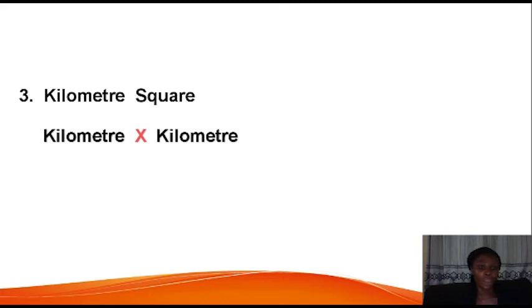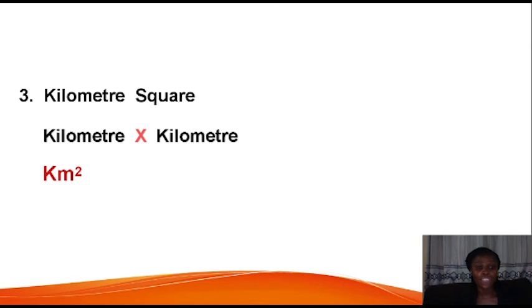And kilometer square also has a symbol, that is the short form of writing it. Symbol means a short way of writing it. Instead of writing long kilometer square in words, you can write it in a short form. The symbol of kilometer square is km square.